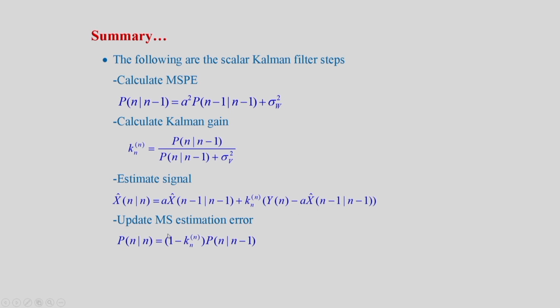Then we will update the mean square estimation error P of n given n, equal to 1 minus K n times P of n given n minus 1. So, this is the scalar Kalman filter and it explains the theory of the Kalman filter very well. Next we will see how we can extend it to the vector Kalman filter. Thank you.